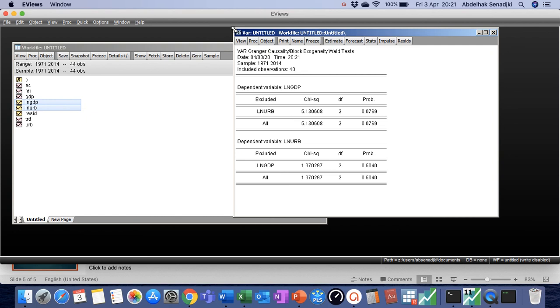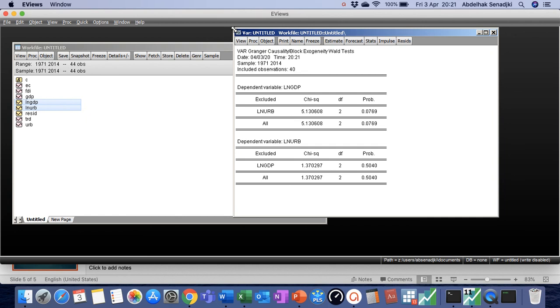Probability is 0.07. But at 10%, yes. So here, at 5%, we cannot reject the null hypothesis. Therefore, there is Granger no causality. But if we take 10%, we can reject the null hypothesis that says there is Granger no causality, and therefore we confirm that there is Granger causality at 10%.